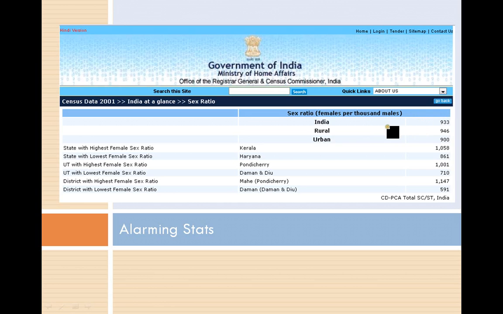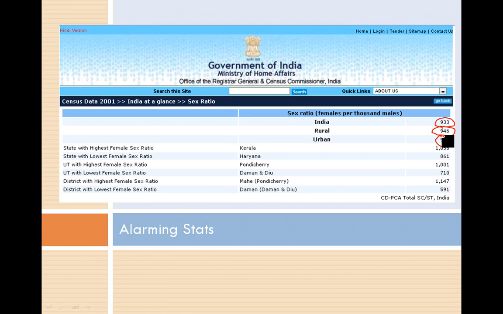So this is the latest census data. The total sex ratio in India is 933. That in rural areas is 946, and in urban areas it is 900, which is again a bit surprising, because urban areas are expected to be more advanced and more progressive.